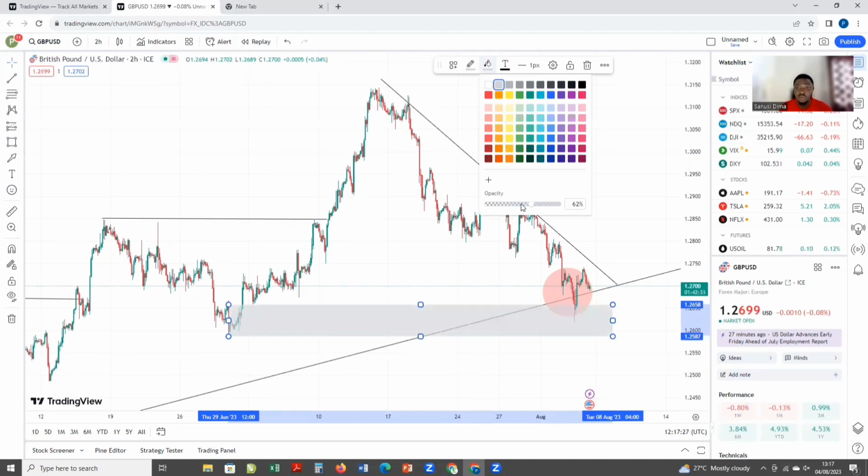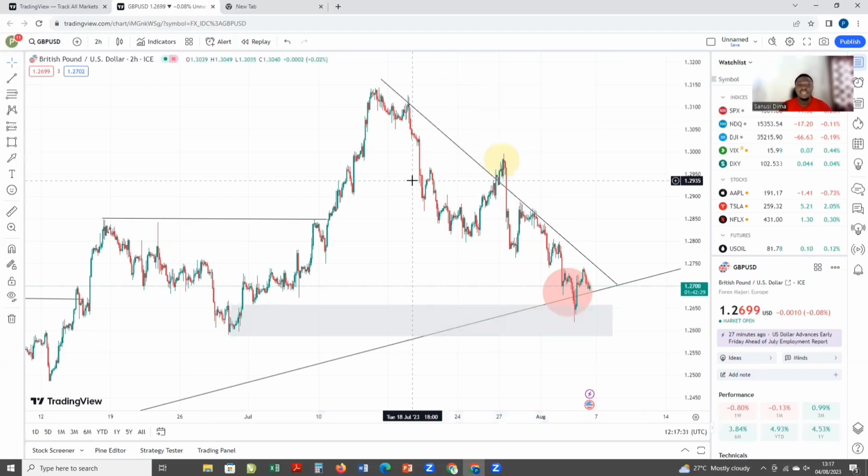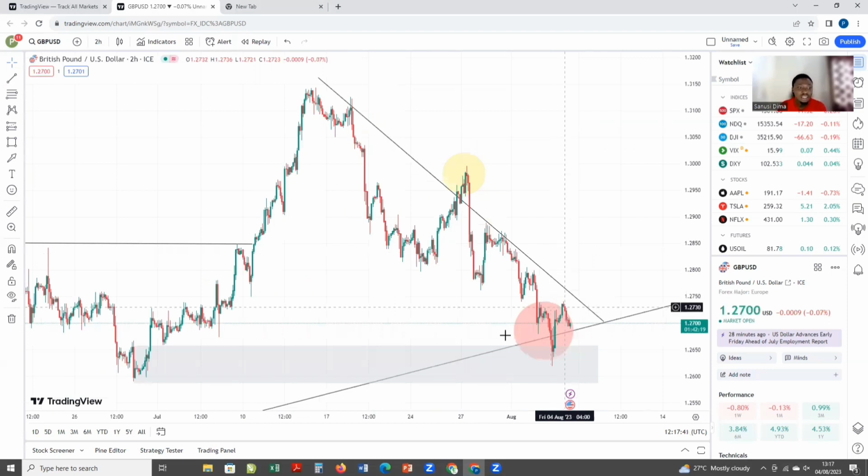The order block is the one with the ash color that I'm drawing, right? The market came back down to tap into this block. Now just take a look at my charts. Take a look at this chart. This is another block, this ash color box.